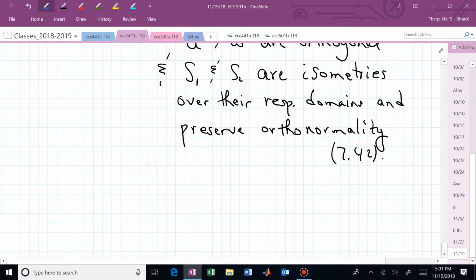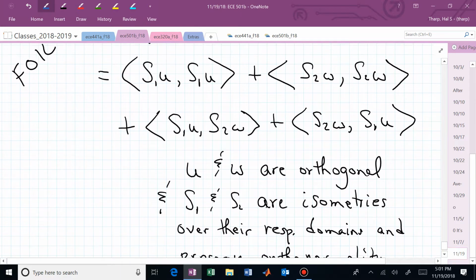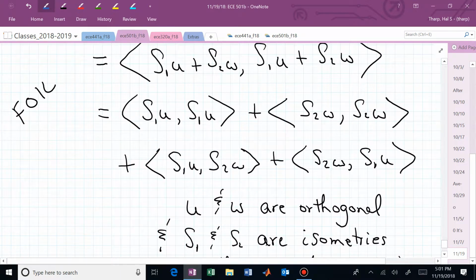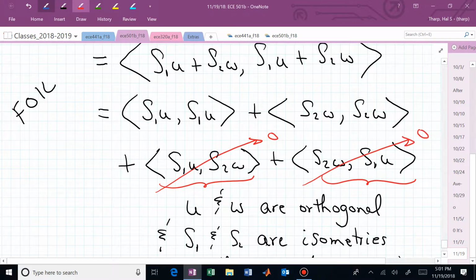Theorem 42. So if that's the case, if U and W are orthogonal, and S1 and S2 preserve this orthogonality, what can we say about this piece and that piece? The vectors in those two slots are orthogonal, so that goes away.